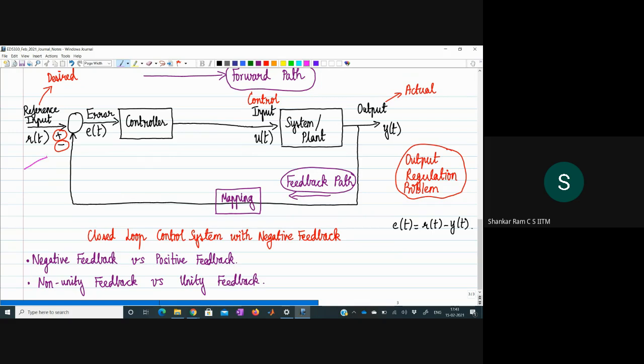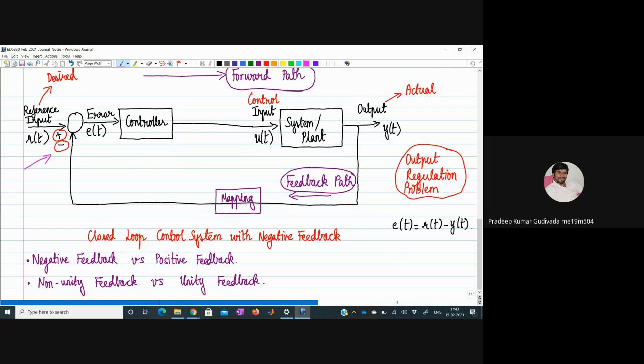Negative feedback has to do with subtracting the output from the reference input. That is negative feedback. Negative feedback can be unity negative feedback or non-unity negative feedback, depending on whether the mapping in the feedback path is 1 or not. I hope that answers the query.